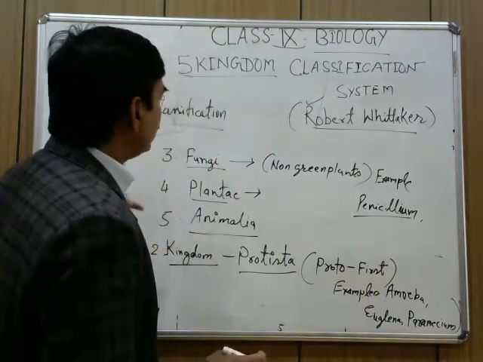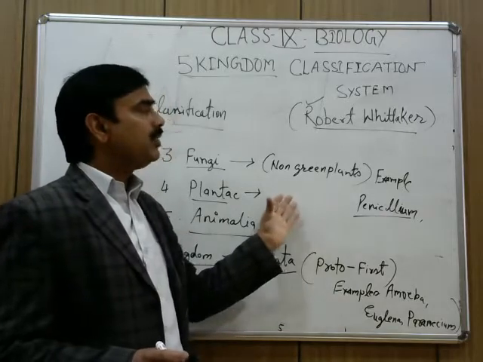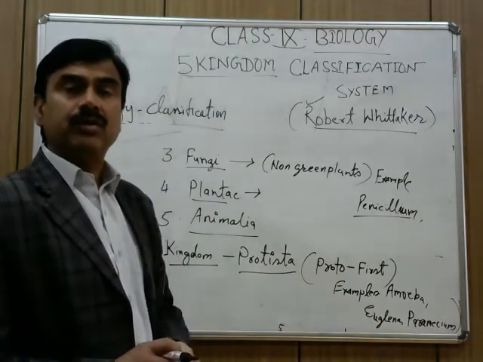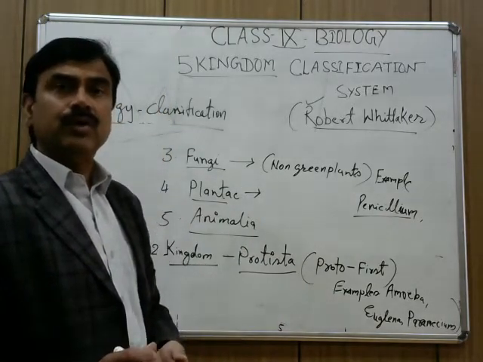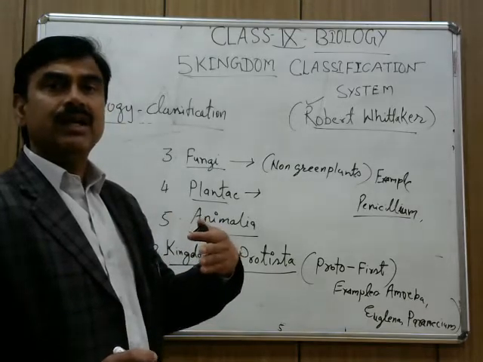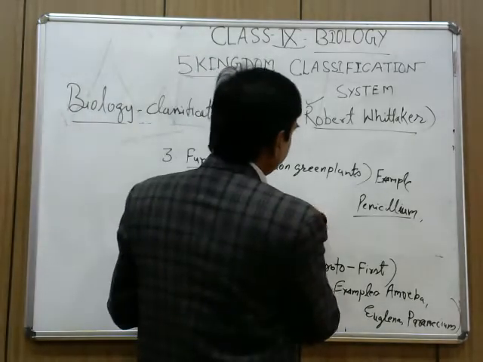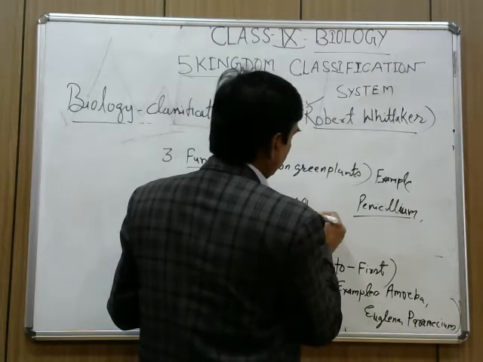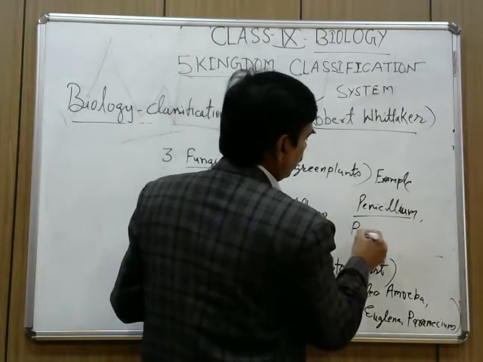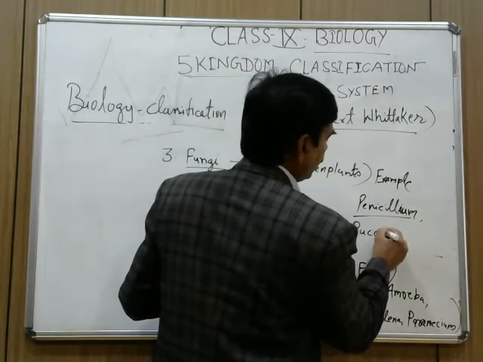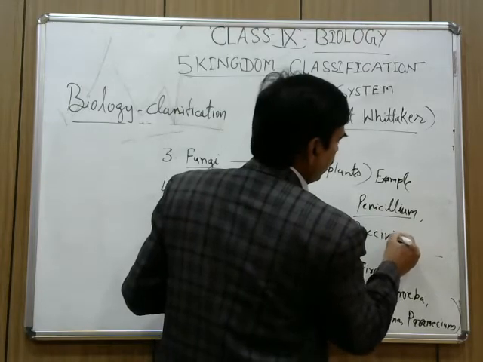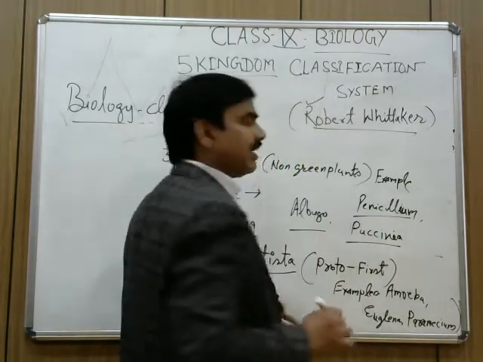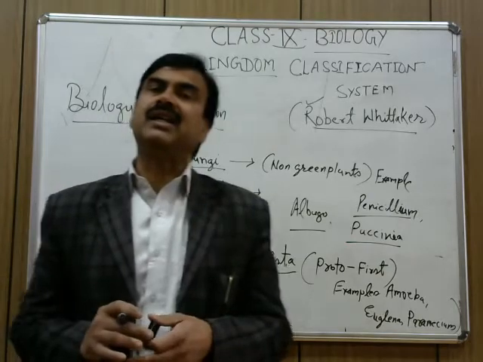So in the fungi, we will study the different groups. Albugo, Puccinia. Rust and smut diseases are there in plants.